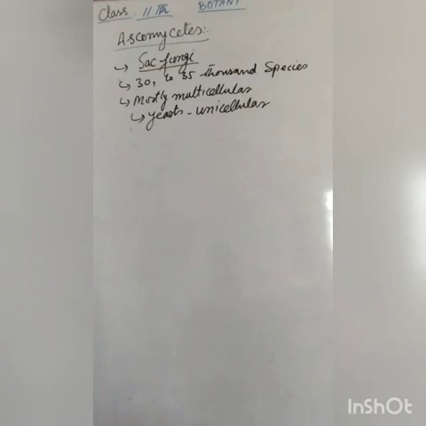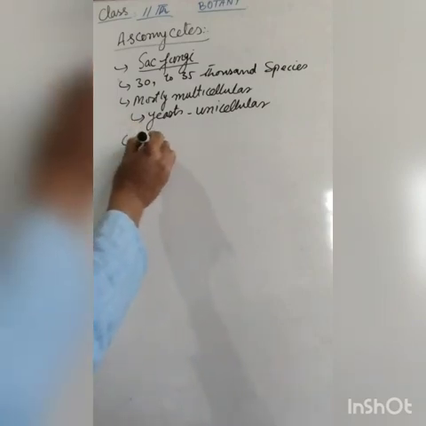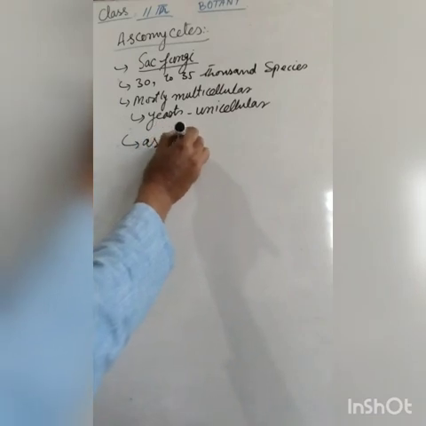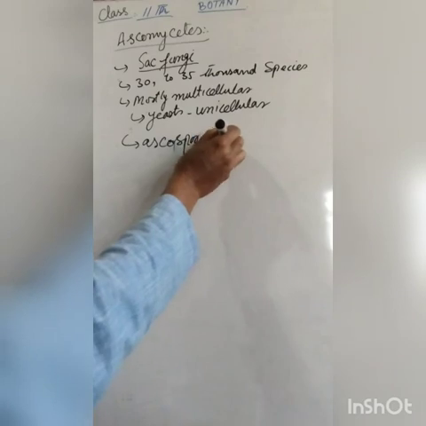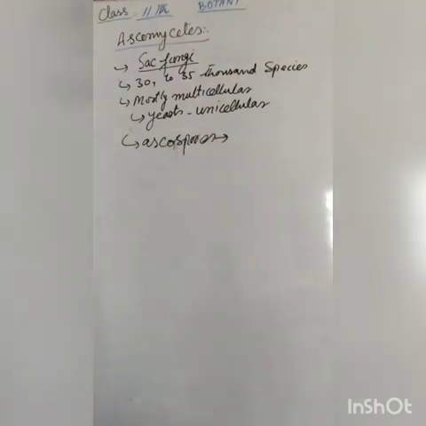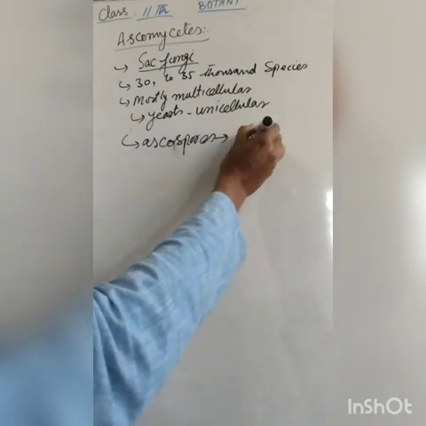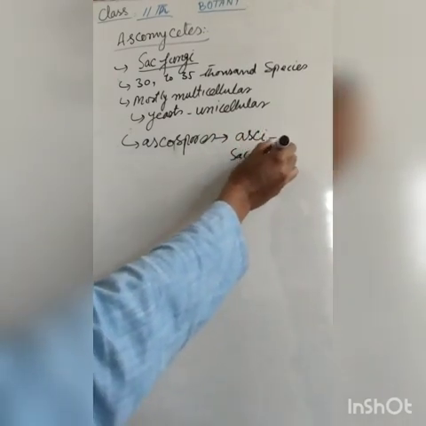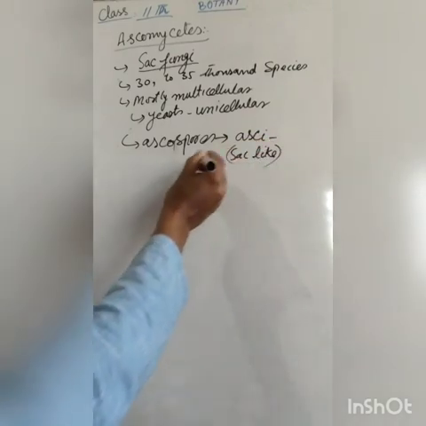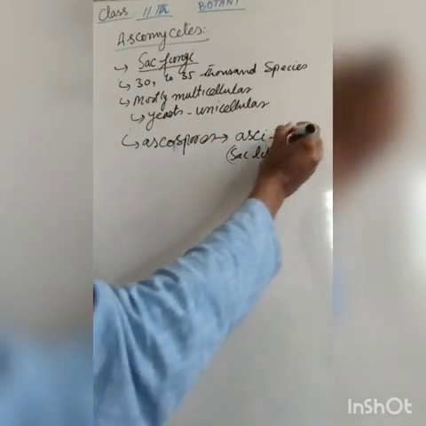There is formation of specialized sexual spores or meiospores called ascospores in specialized sac-like structures called asci. The singular is ascus.